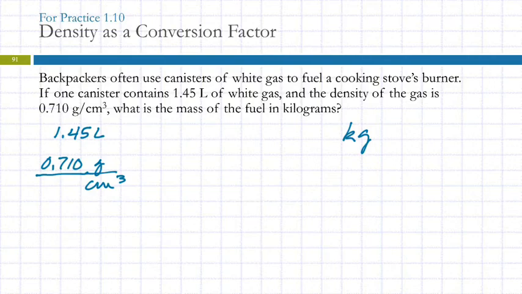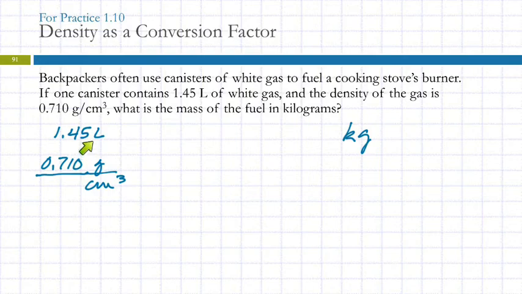That sounds a lot like a conversion factor, doesn't it? 1 inch per 2.54 centimeters, something like that. This can be used as a conversion factor. This cannot. So this is the one we're going to start with, and we're going to use this as a conversion factor. This gives us the relationship between grams and cubic centimeters for this problem. That is not always true, 0.710 grams per cubic centimeters, but it's true for this.